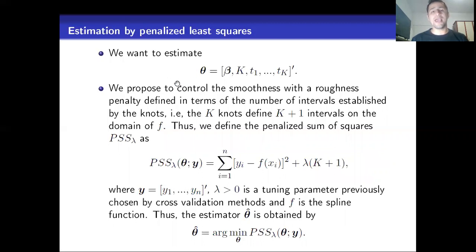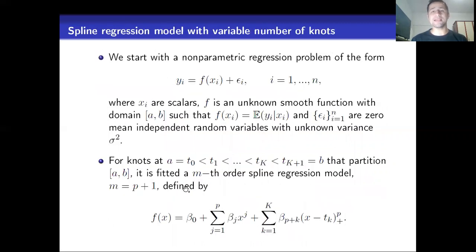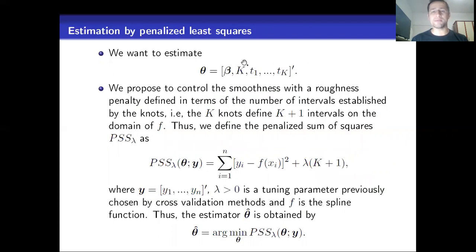In our problem, we set as parameters the coefficients of the spline basis expansion or some extension of splines, for example, B-splines, natural splines. And we also set as parameters the number of internal knots, which we denote as K, and the K positions of these knots, T1, T2, up to Tk.